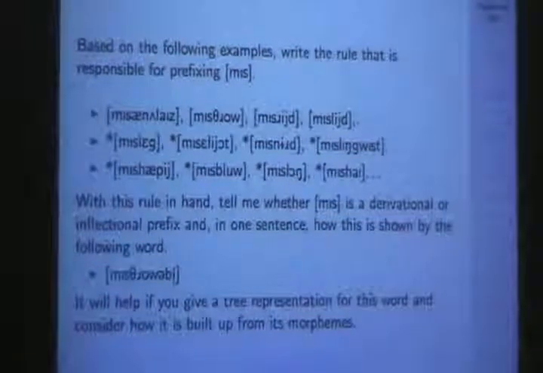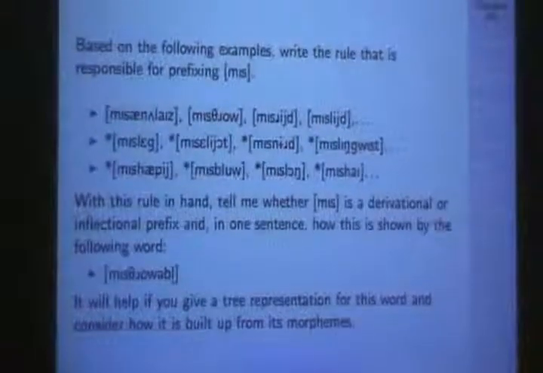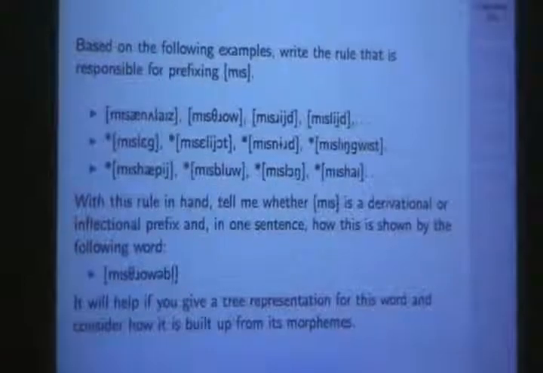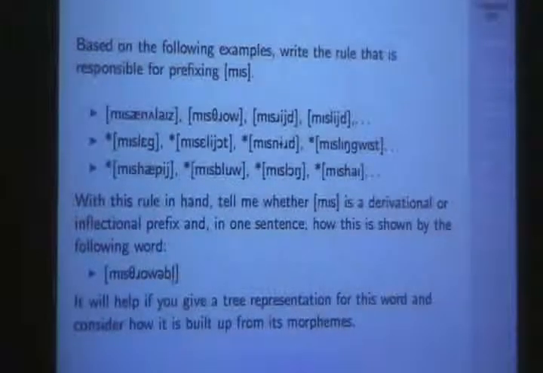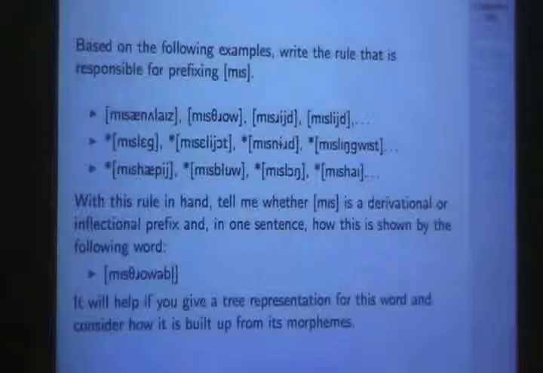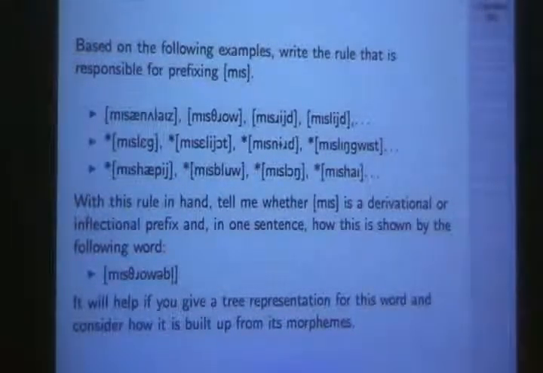Some of these are no good, like mishappy, ain't grammatical. Okay? And I want you to tell me, what does the rule that puts mis together with other morphemes look like? Okay? So that's step 1. That's the first answer to this question that I want. What's the rule for mis? What can mis go on? What does it make?